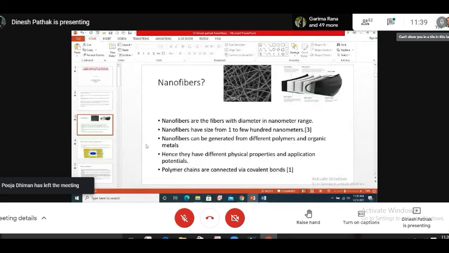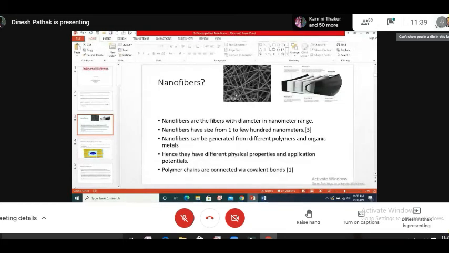So in general, we define nanofiber. They have a fiber-like structure. Even if you see cotton by naked eye, you see there are some fibers, but obviously they are not nano. But if you have produced nanofibers and see that material with the help of a very high resolution microscope, either a scanning electron microscope or a high resolution transmission electron microscope, you can see such an image.